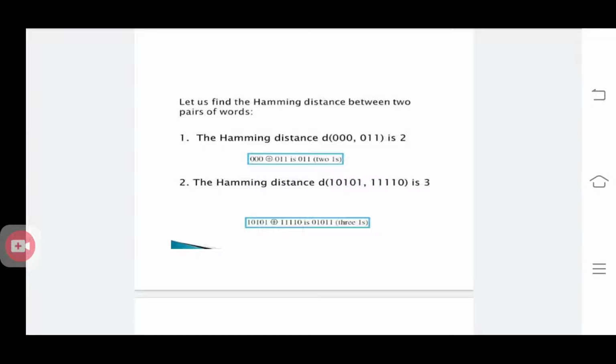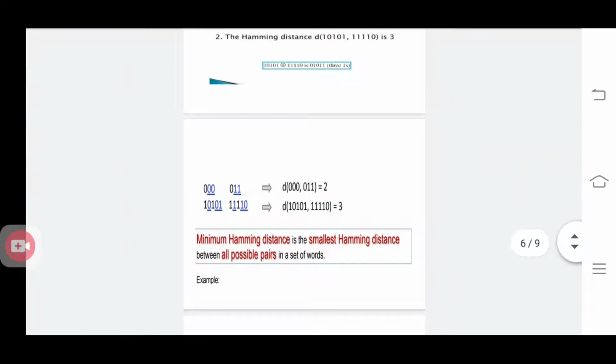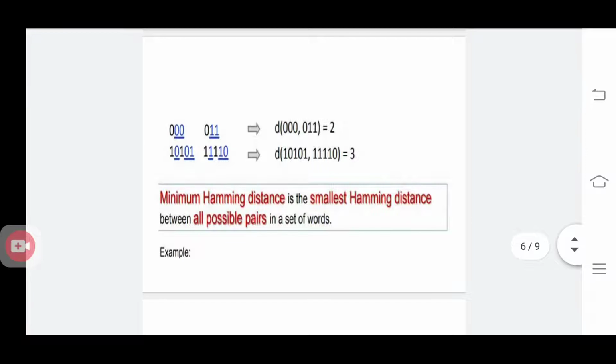In the next example, the Hamming distance of 10101 and 11110 is 3, because the number of bits altered between these two words is 3. In the next figure, you can see the explanation of how many bits are altered in these two examples.